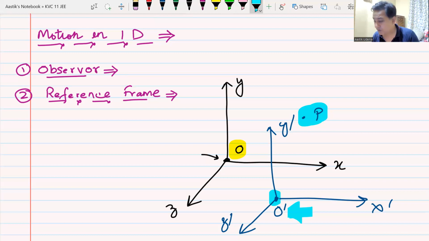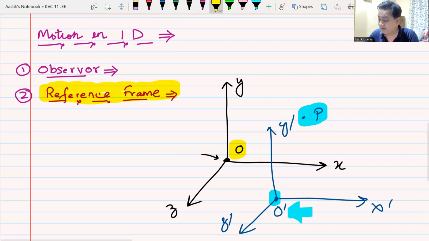The most important point is this reference frame. Whenever you are studying a motion, it is always with respect to a reference frame, and this reference frame plays the most important role in studying the motion.